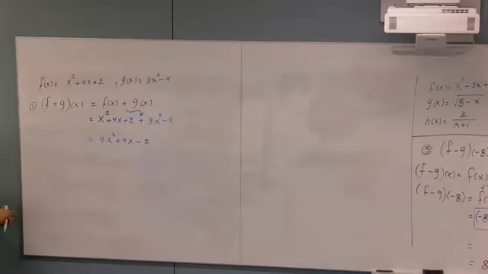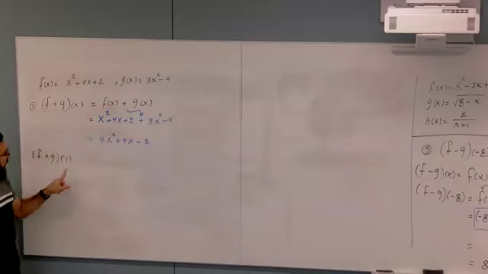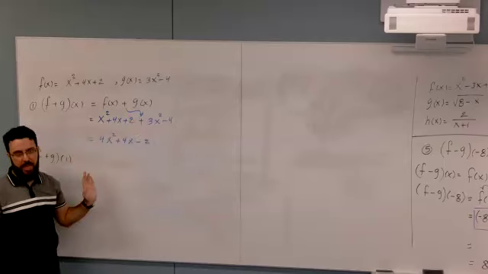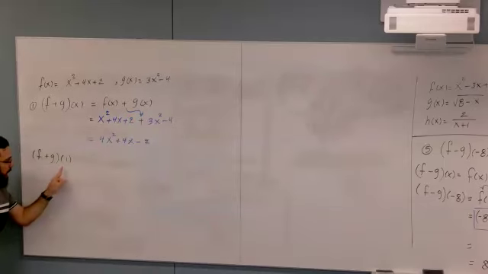Now, if I ask you to find f plus g of 1, I don't have to go back, plug in 1 in f of x, then plug in 1 in g of x, then combine the result. I don't have to do that.